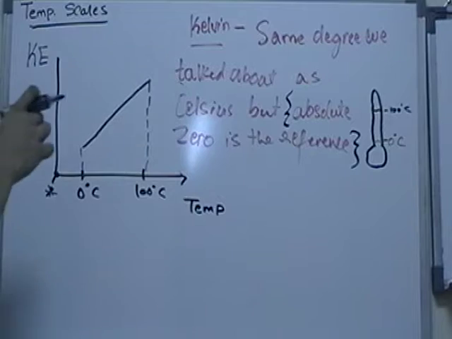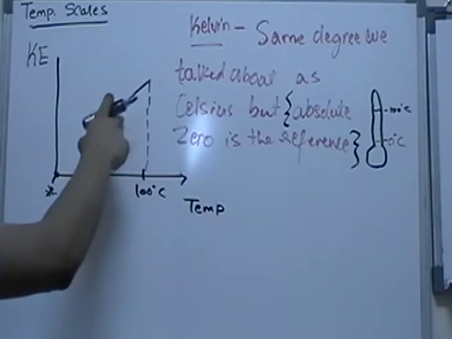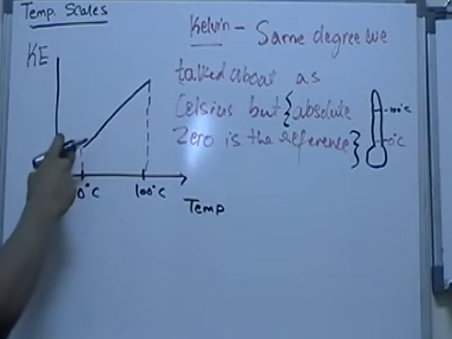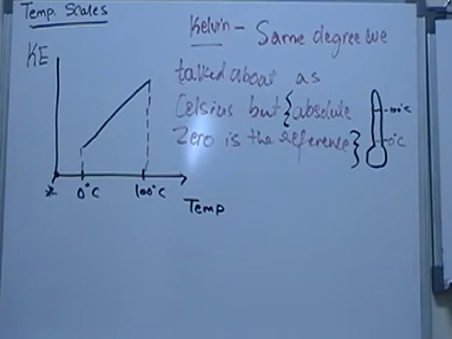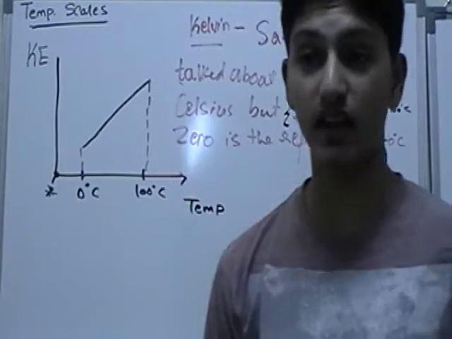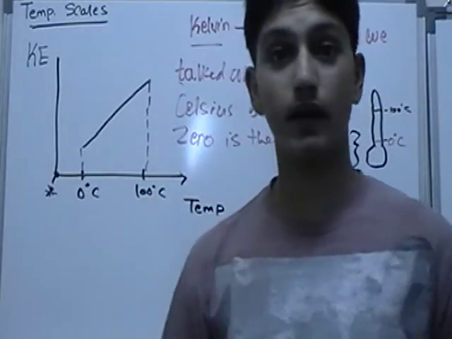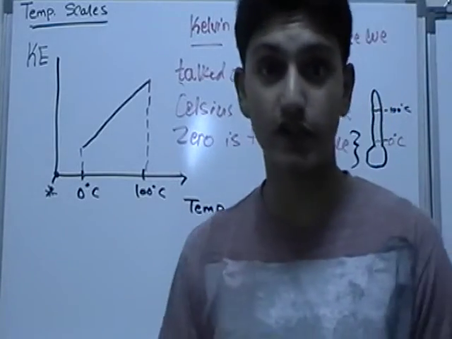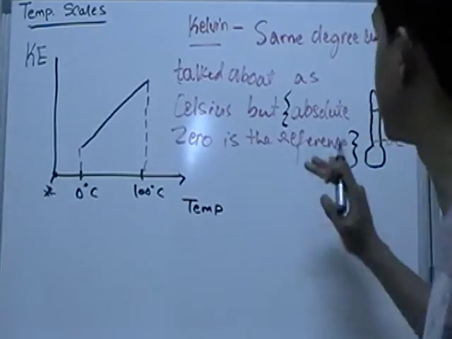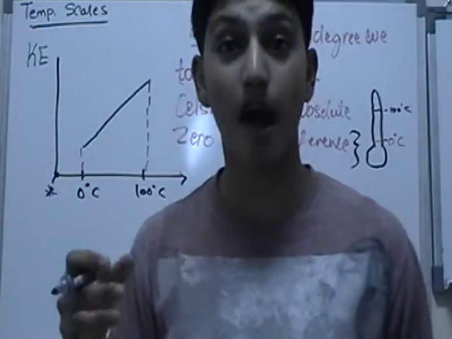Sooner or later, the molecules of water, because we took water as the substance here, are going to freeze and the atoms will stop moving. Absolutely, they will. If the temperature is high, they move faster. If the temperature is low, they move slower. But when you have absolute 0 reference, they basically stop moving.